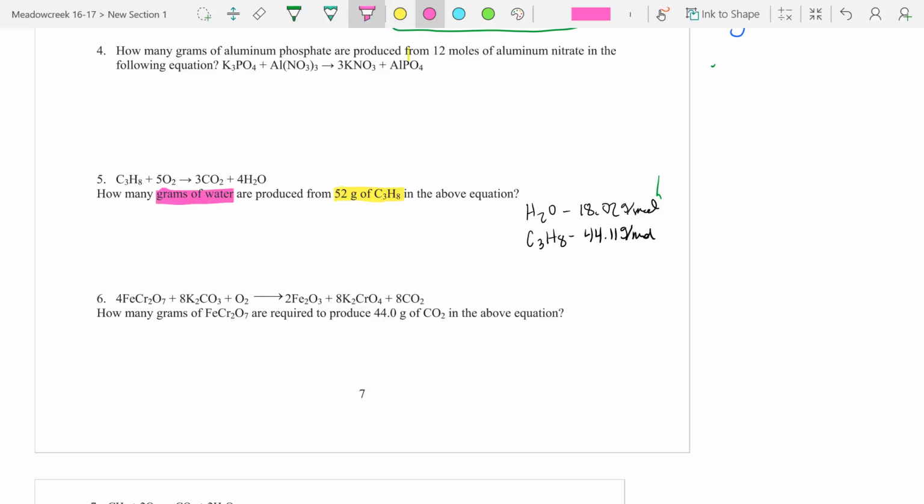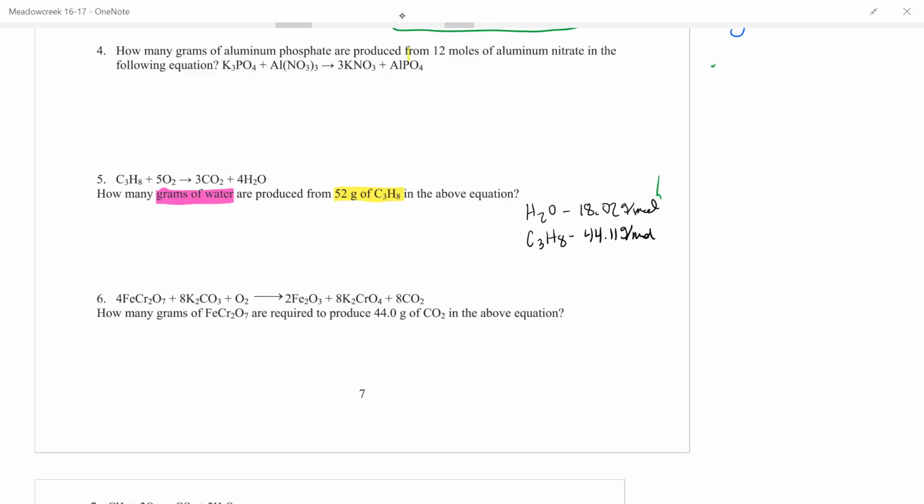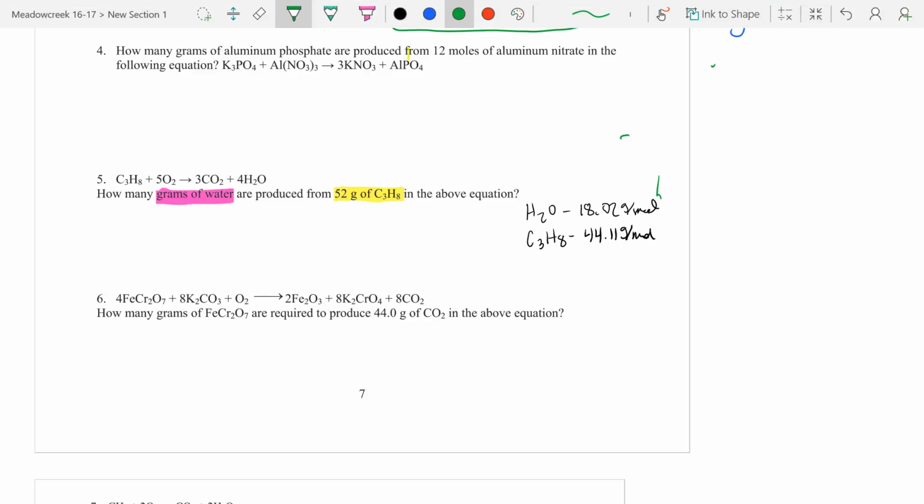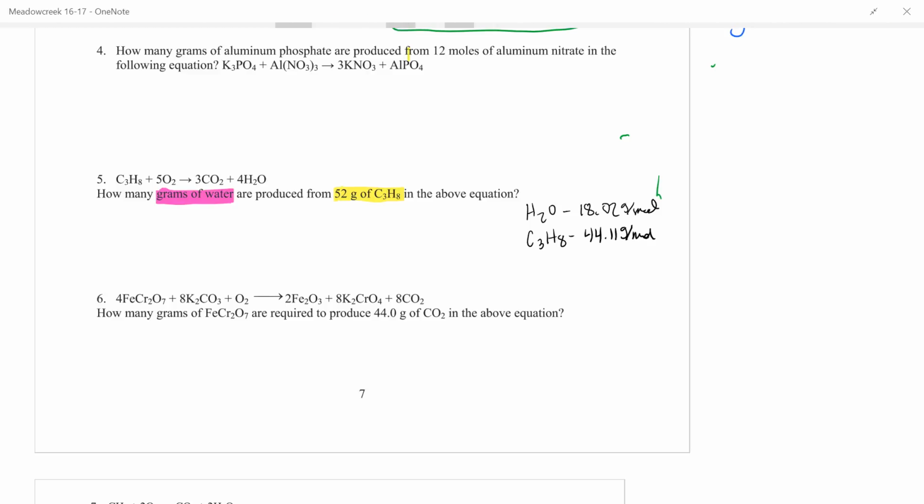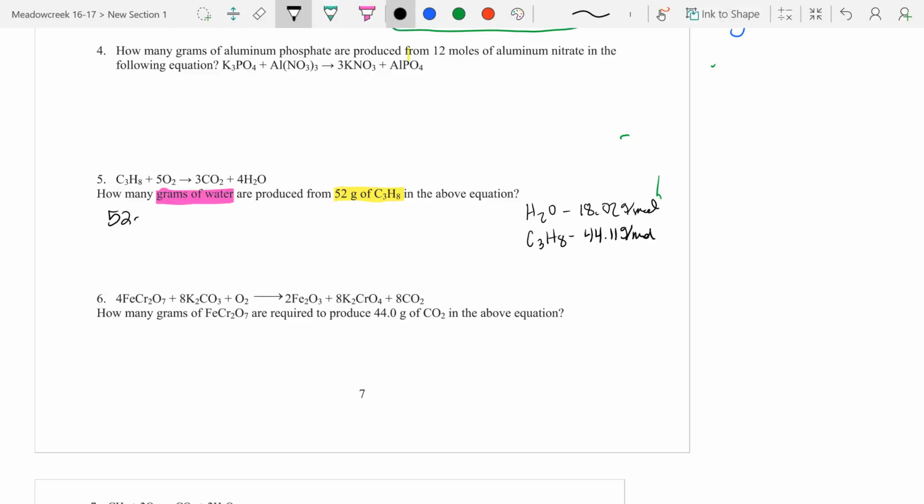In this case, it's asking for grams of water. So we're going to repeat the same steps that we've been following by writing down what's given to us. So we are given 52 grams of C3H8, and we set it equal to X grams of water, which is H2O.